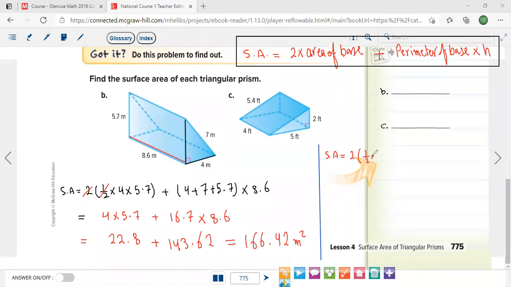So half times base of the triangle is 5. Height of the triangle is 2 plus parenthesis perimeter of the base. This is the base. So 2 plus 5 plus 5.4. This is 5.4, the same as this one. All multiplied by the height of the prism, which is 4.